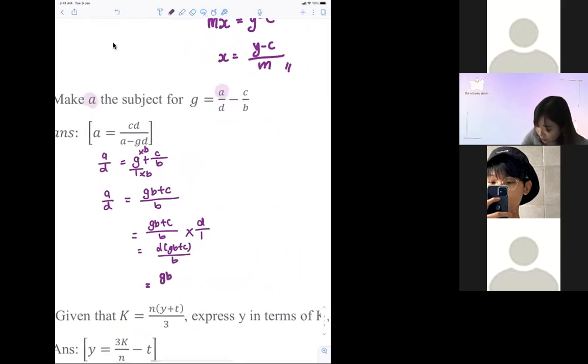So GBD plus CD over B. Okay, the answer here is wrong, you know.